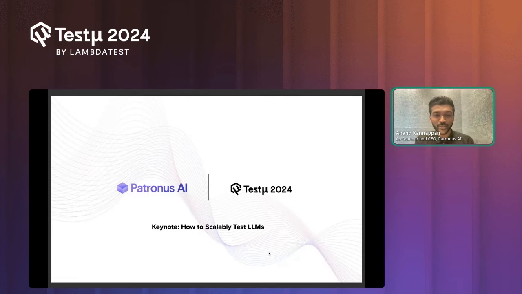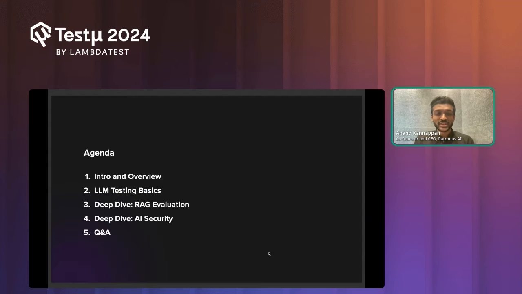Super excited to be talking about everything related to LLMs and generative AI, but especially how to scalably test LLMs. And so in terms of the agenda, what we'll go through is just a high-level overview of what the kinds of problems that we're seeing developers and QA testers around the world run into, especially when they are trying to understand how to test language models.